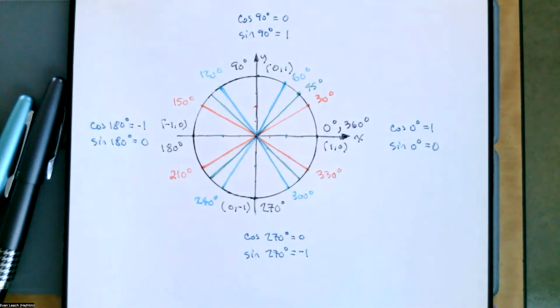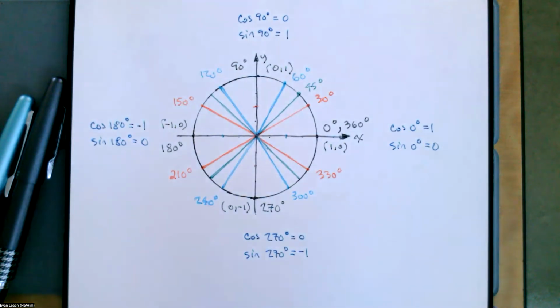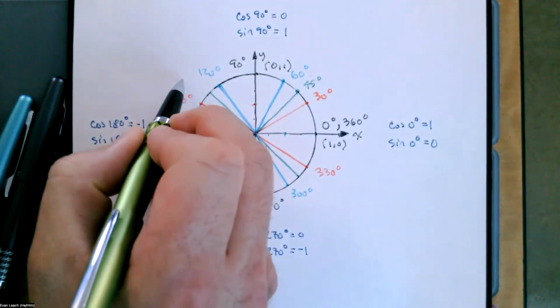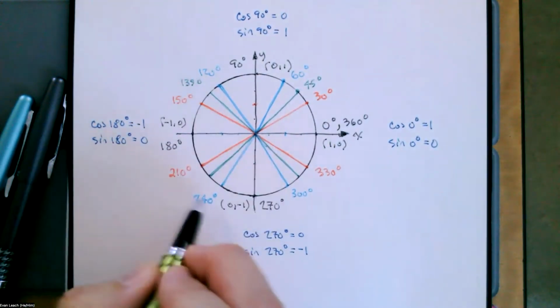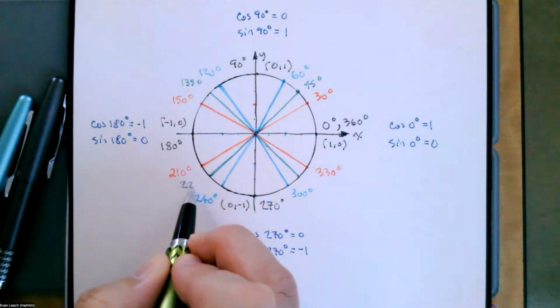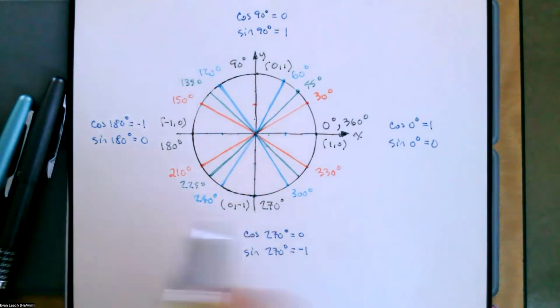So notice that the 45 is halfway between 30 and 60. Halfway between 120 and 150 is 135. Halfway between 210 and 240 is 225. Halfway between 300 and 330 is 315.